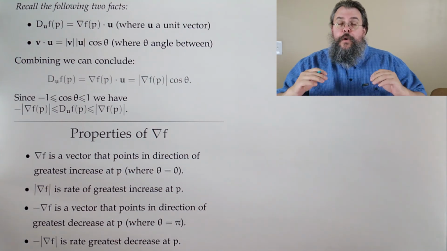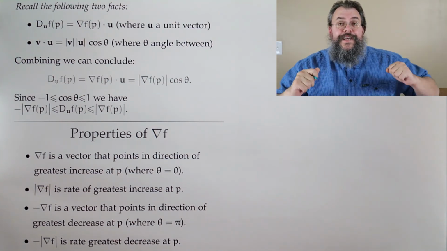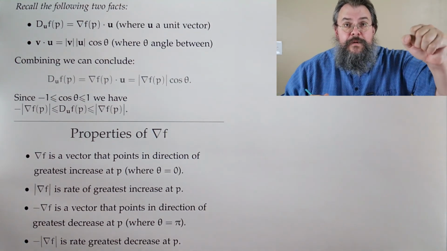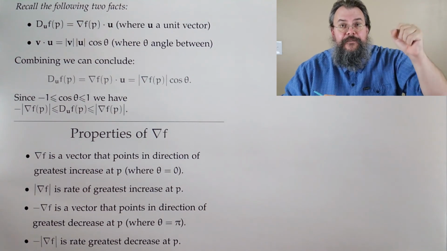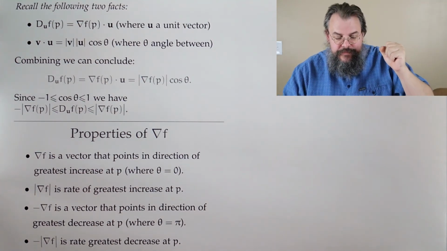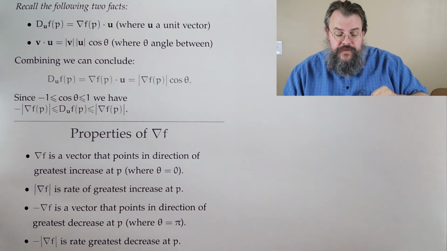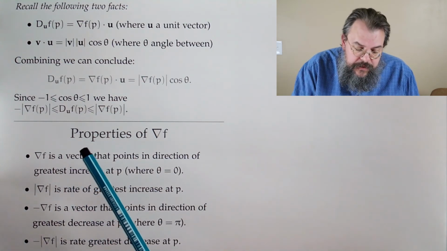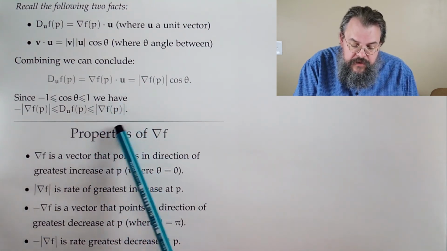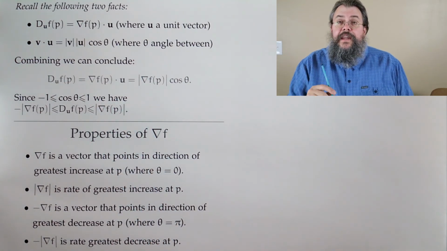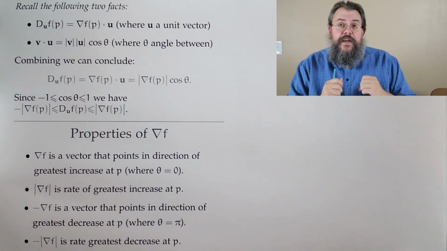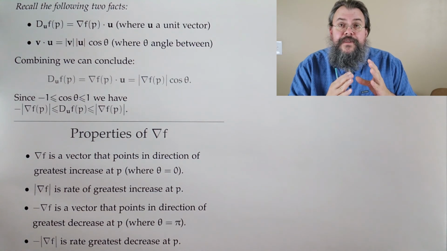So from just that fact, we get the following things. We say, look, what if we want to go in the direction of maximum increase? So we're like, up, up, and away. We want to go fast, fast, up, up. Which way do we go? Well, the answer is, maximum increase would be when we have this directional derivative, and in order for us to achieve that, we'd have to have theta be 0.